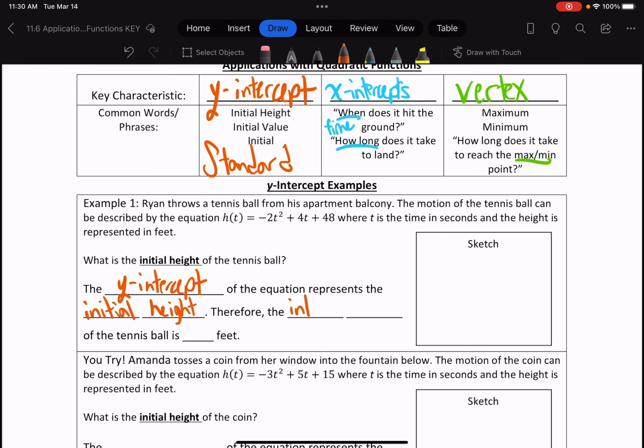Therefore, for the initial height, I'm going to go to my equation. It's already in standard form, so I really just have to look for the c value. The initial height is 48 feet. And guys, we can draw a sketch of this. Just imagine that we have an apartment building, and here's Ryan's balcony, and he's going to throw a tennis ball.